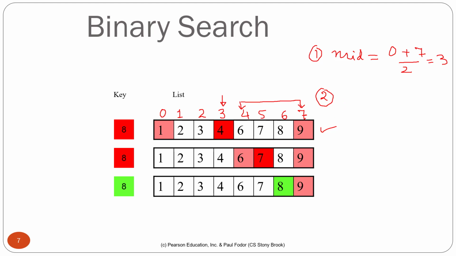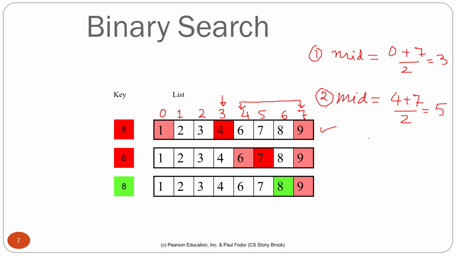So how do we find the middle in this case? Mid is equal to, my low is now 4, not 0, because I'm only considering this subarray. My low is index 4 and my high is index 7, and you do 4 plus 7 by 2, which is 5.